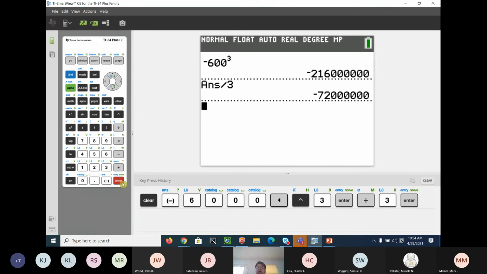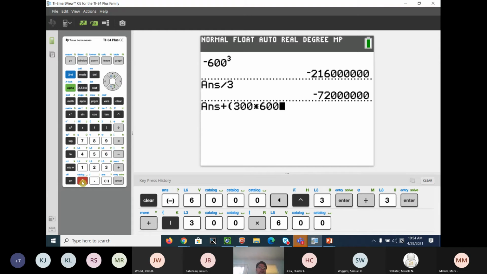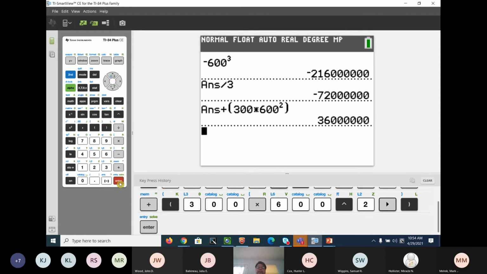So that's that, plus parentheses 300 times 600 what squared? I got 36 million. Y'all check to see if that's what y'all got.